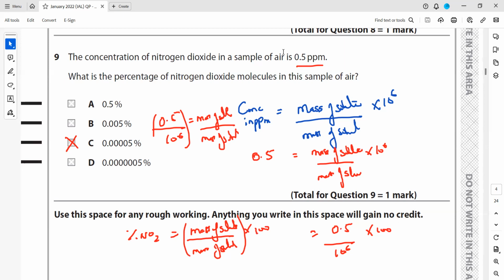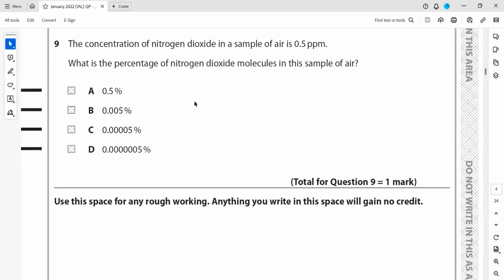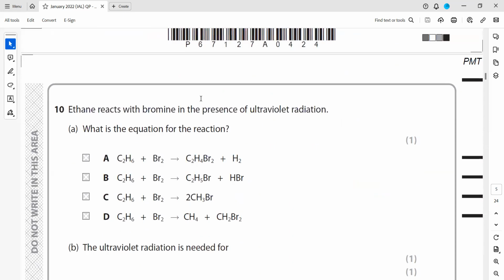So first we work out the ratio, and then we substitute the ratio in the formula of percentage. We get the concentration in percentage.